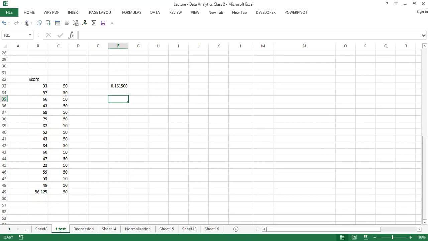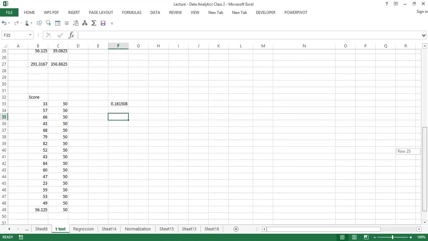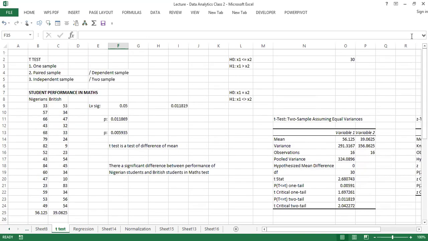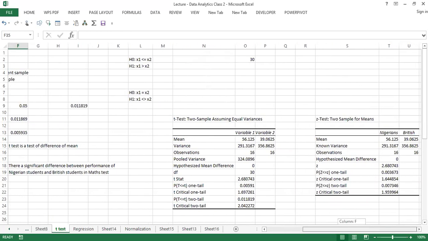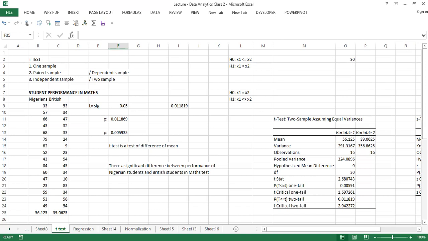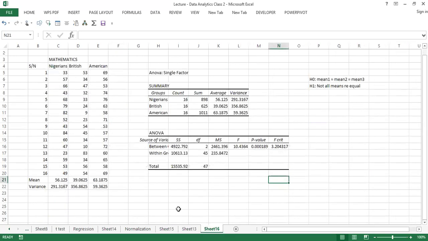When P is high, you retain the null hypothesis. So when P is lower than 0.05, you reject the null hypothesis. When it's high, you fail to reject, or you retain the null hypothesis.